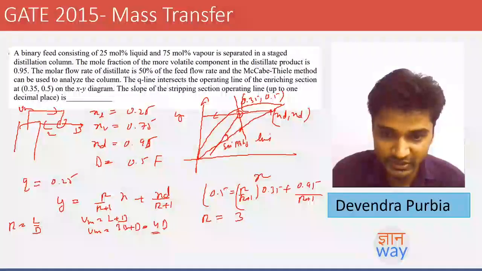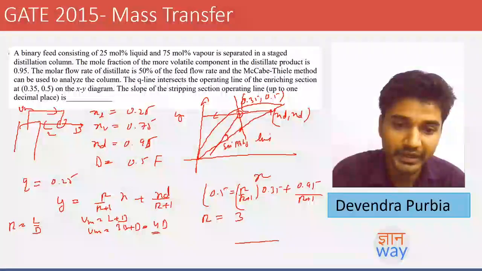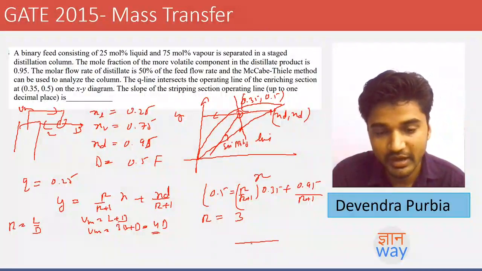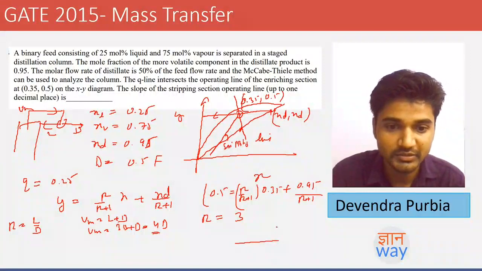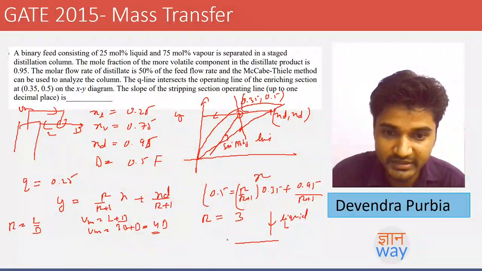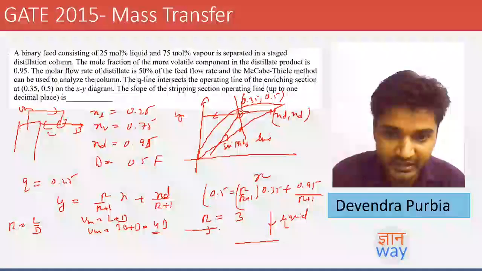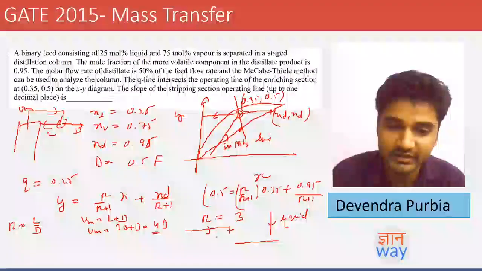Now in the stripping section we have a plate. If we apply the component mass balance and total mass balance on this plate, there will be a liquid coming out from the enriching section, which we denote as L, and there is a liquid entering through the feed, this extra liquid which we denote by LF.